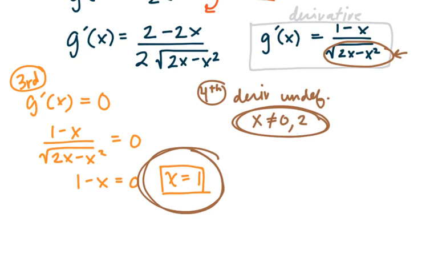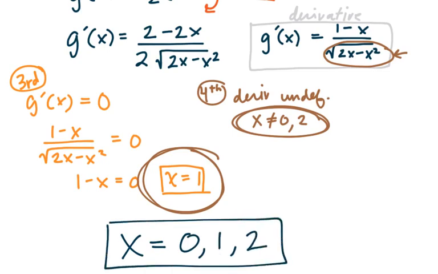Okay, so we're always looking at all of those pieces. And in this case, we have x equals 0, 1, and 2 represent critical numbers.